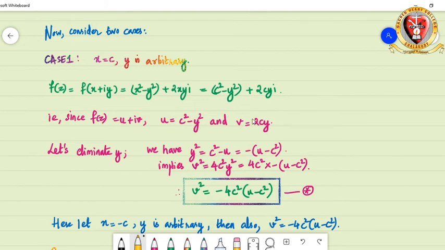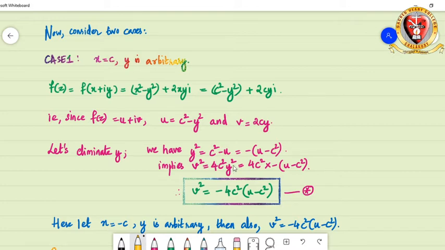And from both of these, what we are going to do is eliminate y. For that, first in this equation, find y square. That is y square is equal to c square minus u, that is nothing but minus of u minus c square. Now in this equation, square both sides. That means you will get v square is equal to 4 into c square into y square.